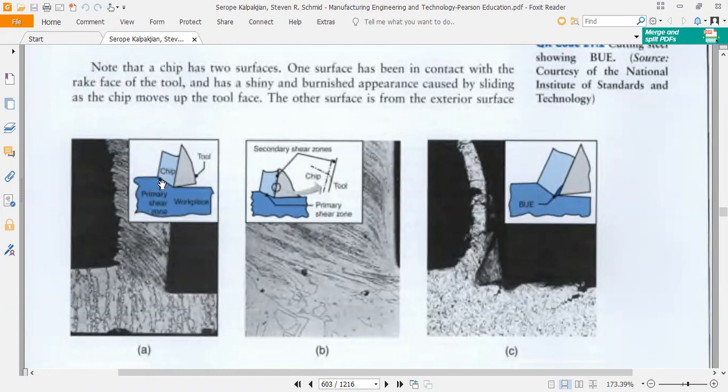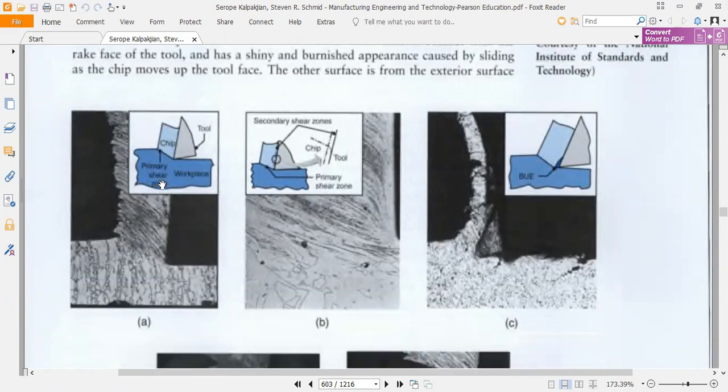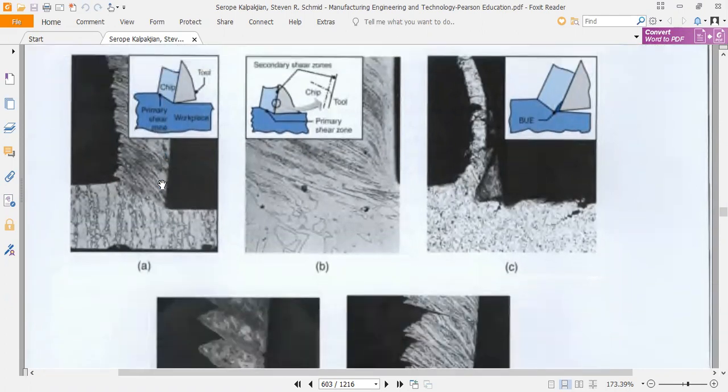That means a zone is created where the chip tries to stick to the tool. Adhesion takes place. This adhesion may be due to the high temperature, or due to chemical affinity. This is known as the secondary shear zone, and in this zone the wear and tear of the tool occurs. This wear occurs on the rake face of the tool and is known as crater wear.